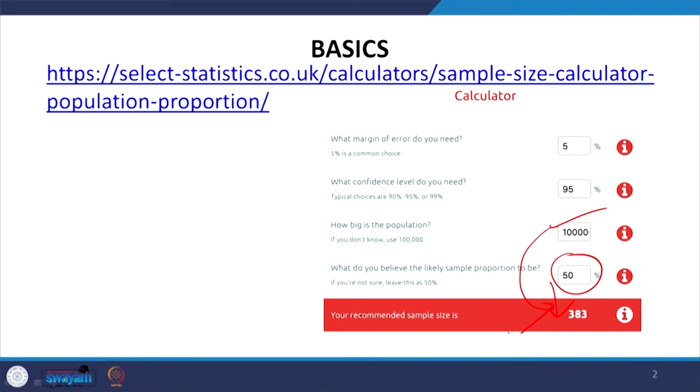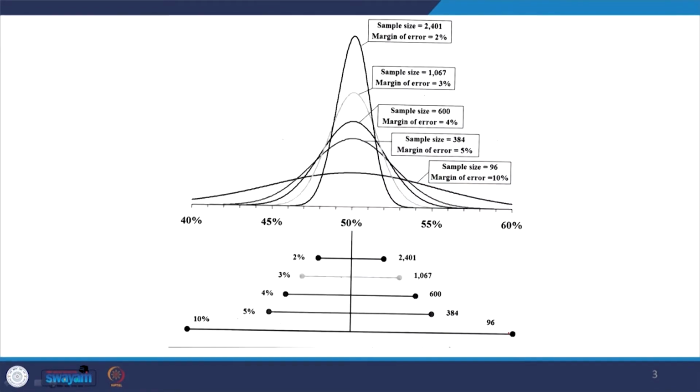And what is the validity of this 383, how do I believe that this is important? We have certain examples to validate, so let us go by that. Here is a picture we already showed in the last lecture, but I did not explain it much because of shortage of time. Here, given the distribution is normal, we are not even referring to non-normal distribution.